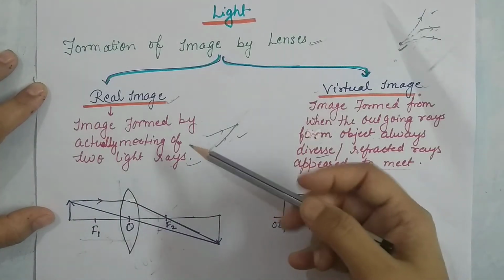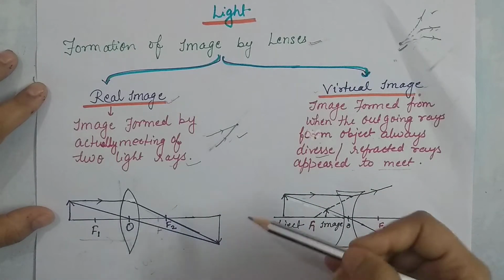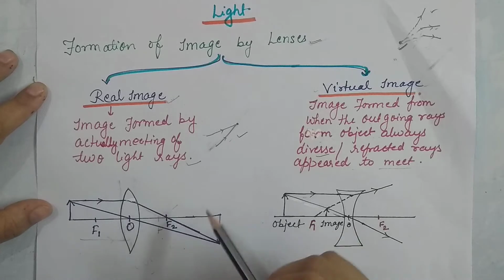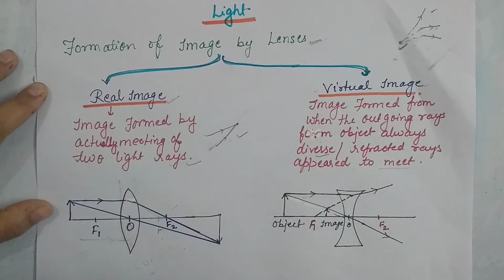So we know the real image and the virtual image. Now let's see how the real image is formed by lenses, and which lens forms the real image or the virtual image. I have taken a convex lens and a concave lens.